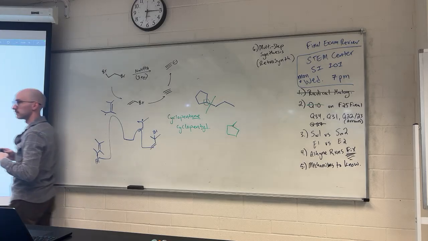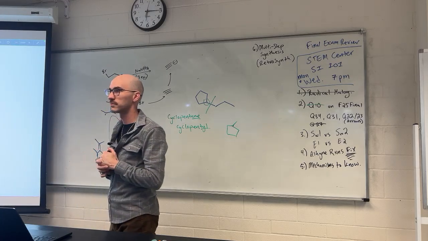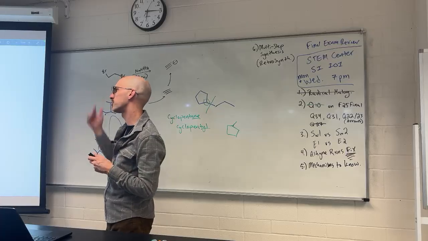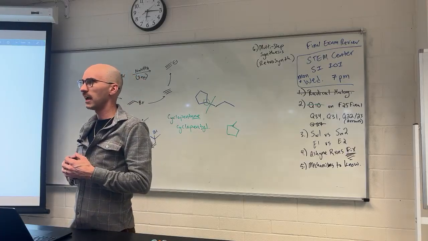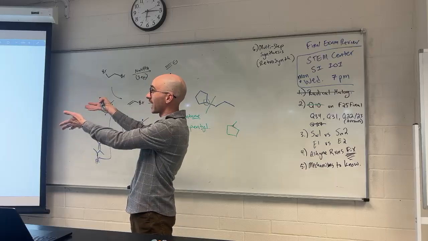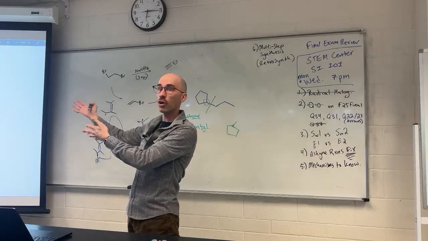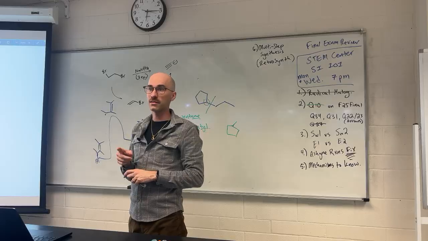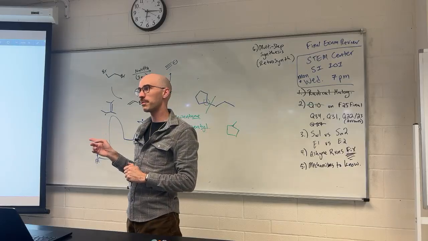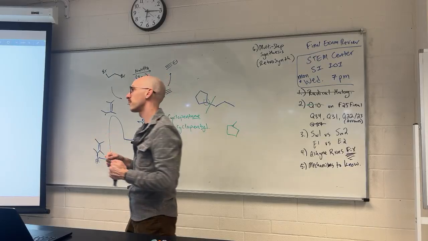Could you draw out the structures of names? Oh, you could totally draw in the structure for the name I gave. Totally. In fact, there's a lot of blank space on here, and it's all your space to use however you want. I will say this roadmap had some flaws.